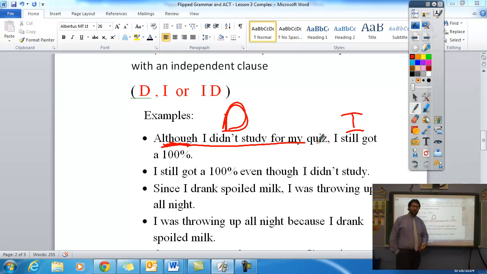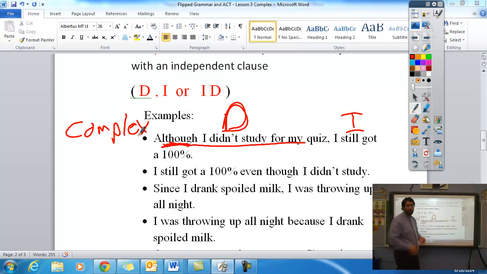Not a complete thought. Because if I said, although I didn't study, you would expect me to say more, right? Although I didn't study, dependent clause, and then we put an independent clause with it. I still got a 100, right? That's what makes this our complex sentence, right?